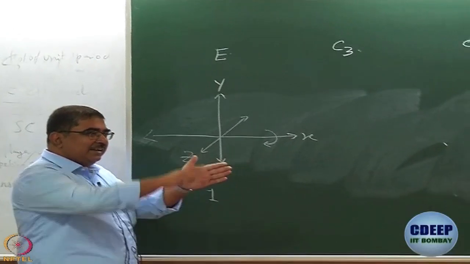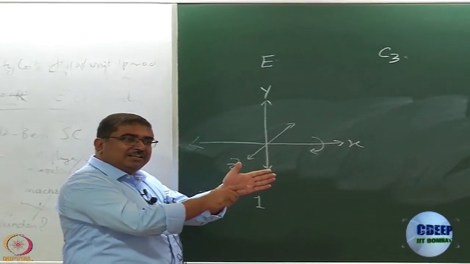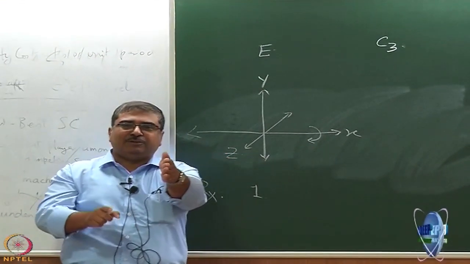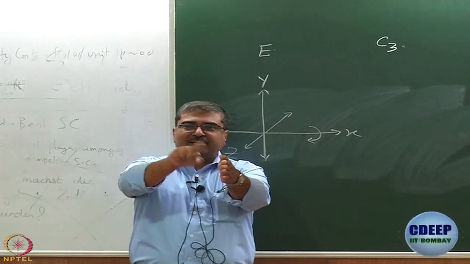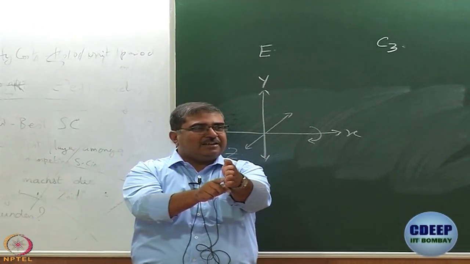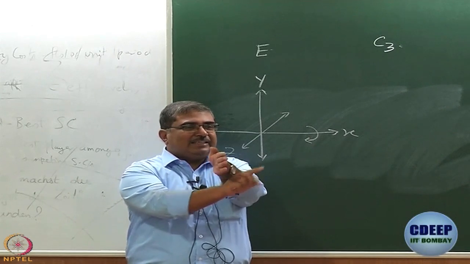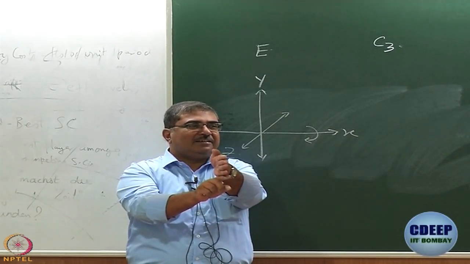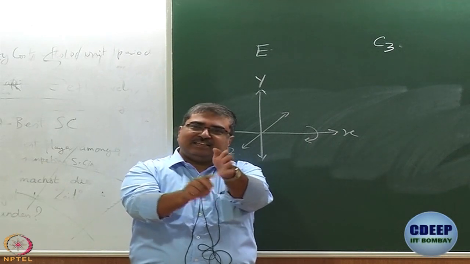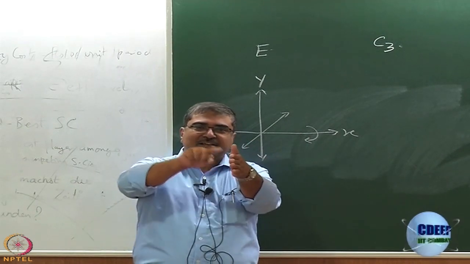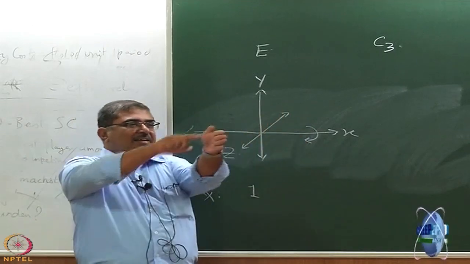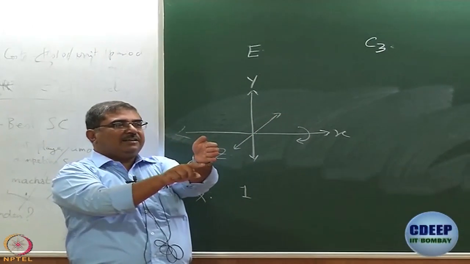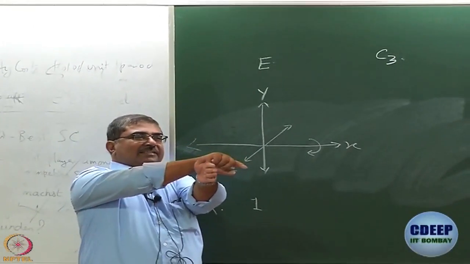This is a mirror plane, this is the direction of rotation, what will the image be? Like this, is that plus or minus? Minus, are we clear about this? This is the mirror plane, this is the direction of rotation, reflection of that will be like this.